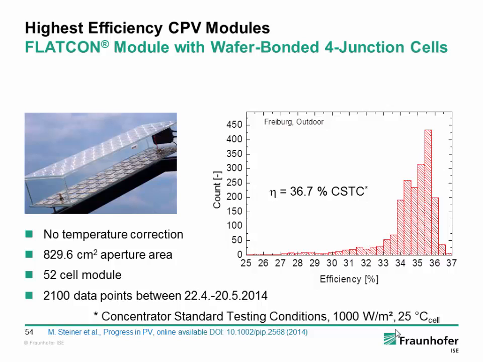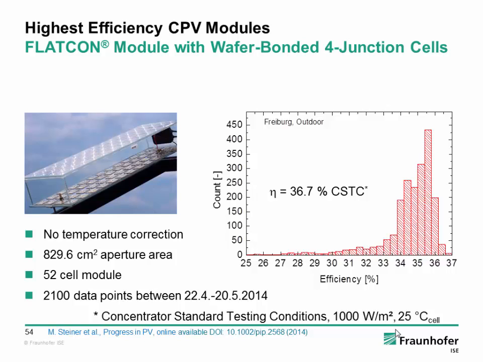We made a module here out of 52 cells, and then we put it on sun at Fraunhofer, and you see here the measured data. Out of these measured data, we have developed, within the standard of the IEC, what we call the concentrator standard testing condition, which is given at 1000 watts per square meter and a cell temperature of 25 degrees.